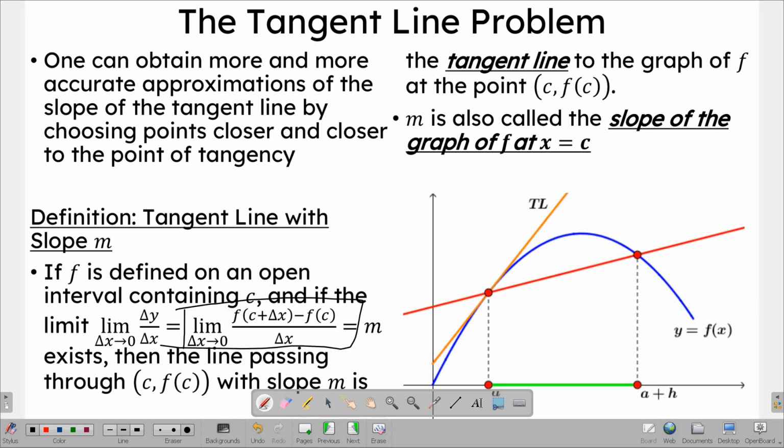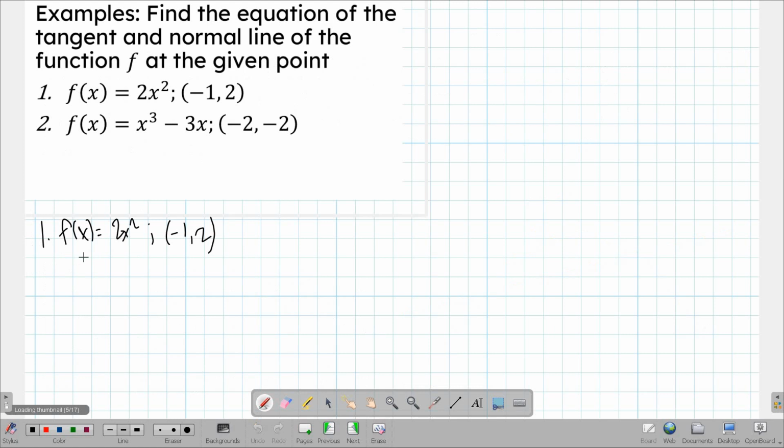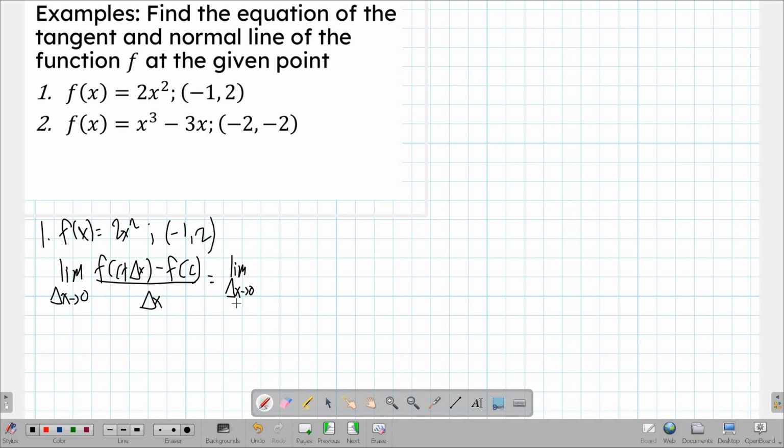So therefore, we would need to find the limit of f of c plus delta x minus f of c all over delta x as delta x approaches 0. Given that f of x is equal to 2x squared, we follow that. So this now becomes the limit as delta x approaches 0 of 2 times c plus delta x squared minus 2c squared over delta x.